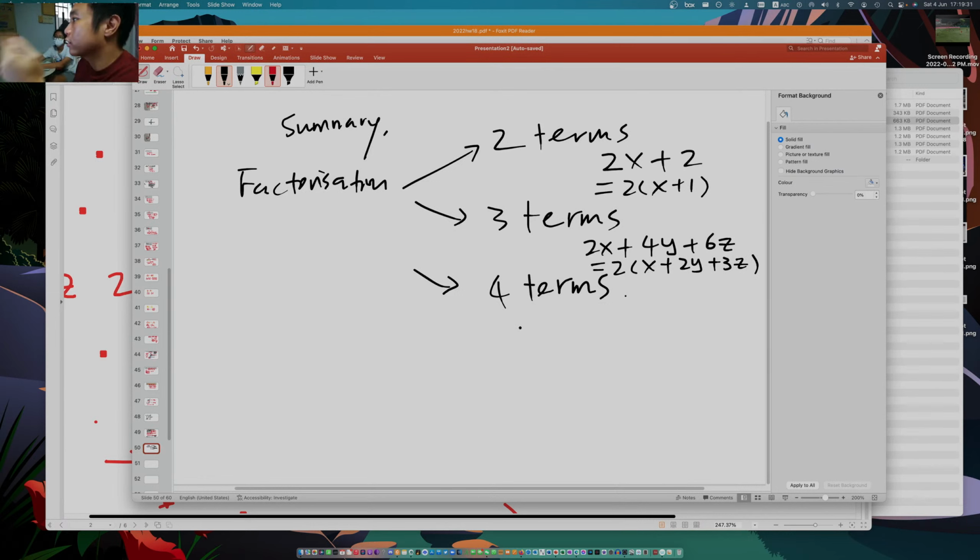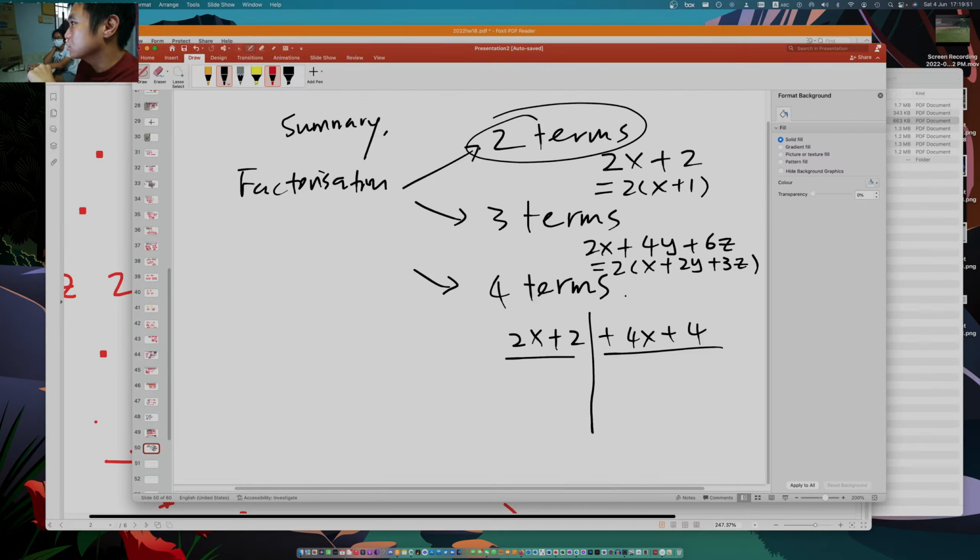Then 4 terms, actually you just work it out like 2 terms, but do it separately. That means if you are given 4 terms for factorization, you just do 2 terms here, do 2 terms here, and follow the 2 terms method. You break it down into 2 terms, 2 terms. So if you are given a 4 terms factorization question, basically you are doing a 2 terms question. Can you realize? Yes. So this is the summary.